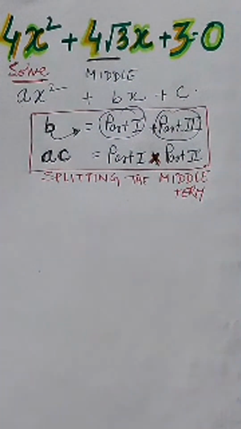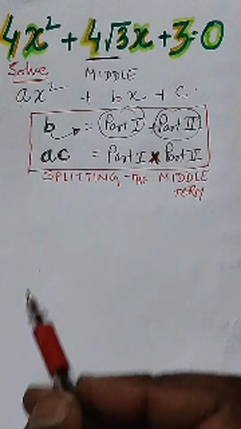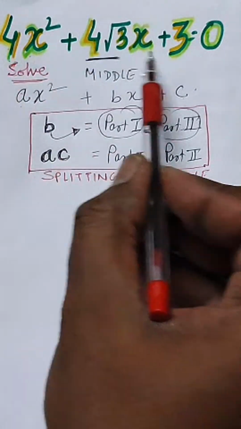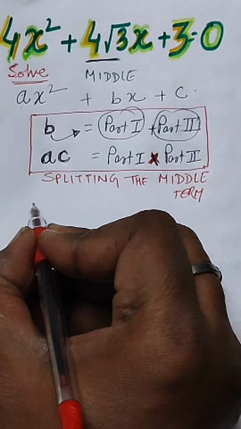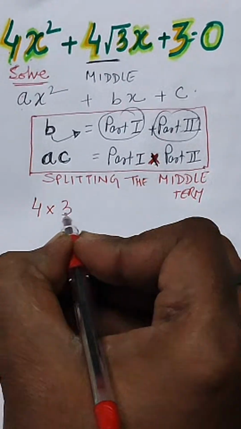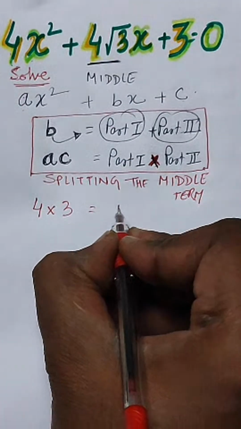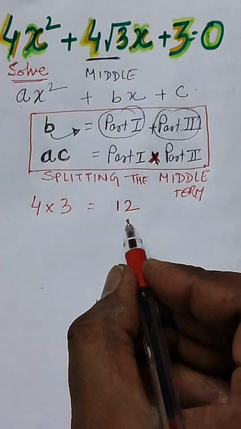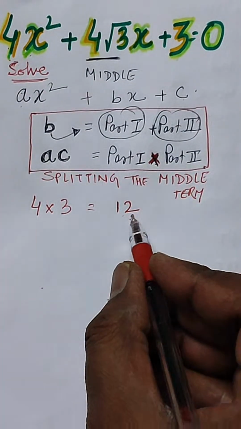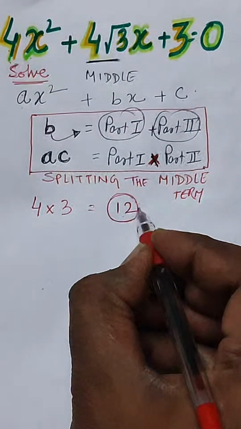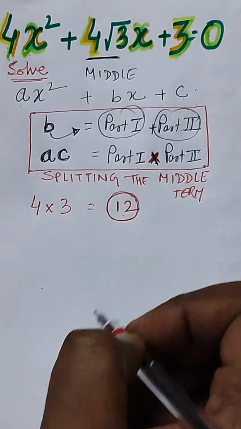Now let us solve the question directly. Now here we have the first and last term product is 12. That means a is 4 and c is 3. So you can see 4 multiplied with 3 will give you 12, right? So this 12 needs to be splitted into two parts, right?